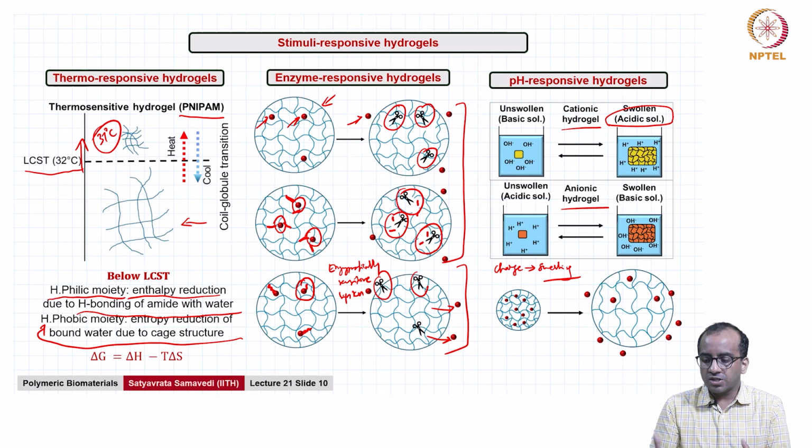So you have protonation under acidic environments, which leads to electrostatic repulsions because of a large presence of positively charged groups right next to each other. That is going to lead to electrostatic repulsions, resulting in a swelling of the network. Likewise, you can have the opposite for anionic hydrogels, which will swell in a basic solution, again driven by electrostatic interactions.